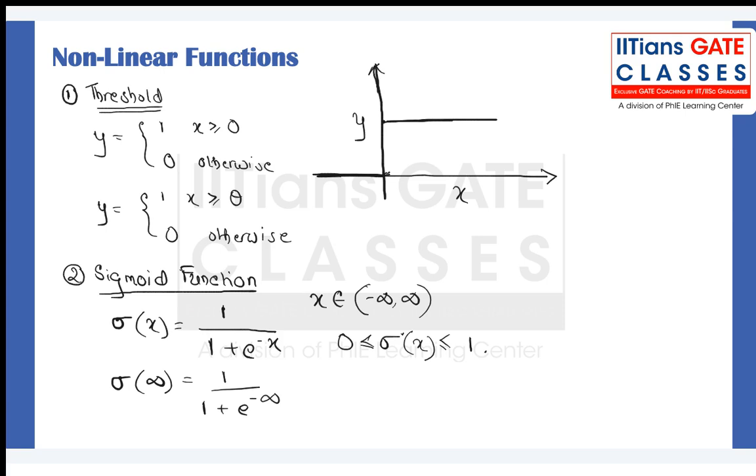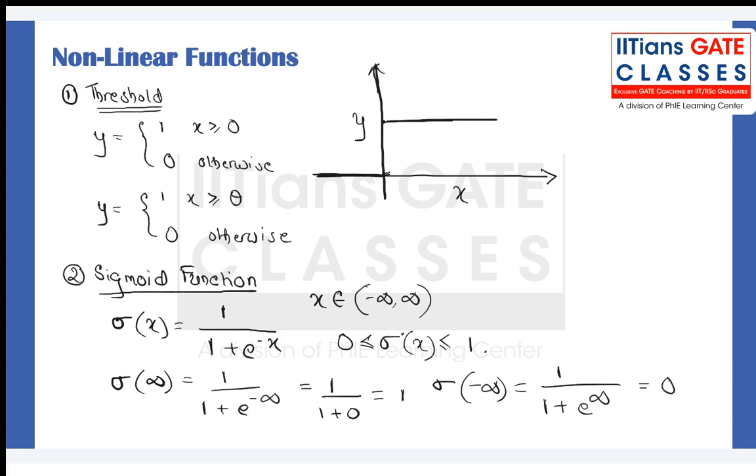So this is 1 by 1 plus 0, which is 1. And if you consider the other scenario, minus infinity, then 1 by 1 plus e to the power infinity. As I said, e to the power infinity is such a huge number again, it is 1 by infinity, and 1 by infinity is nothing but 0.